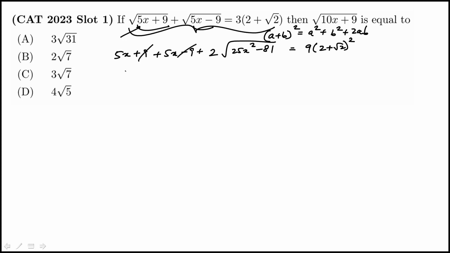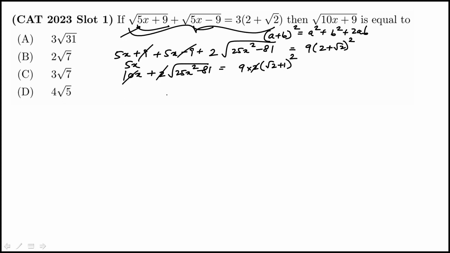And this drops out. You get 10x plus 2, 25x squared minus 81. And here, actually, you could take out a radical 2 and then square it. So that would give you 2. And then you'll be left with root 2 plus 1 square. And you'll notice I can get rid of a 2.